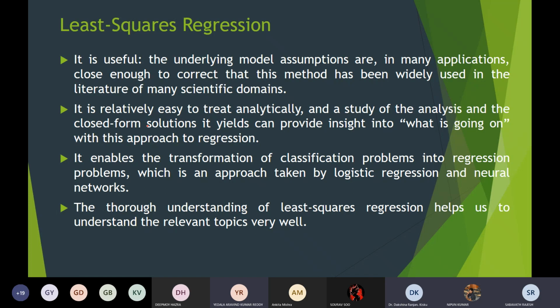So this is the starting point. When we go through different regression models, we will see that the general framework used in them is close to the least square regression.